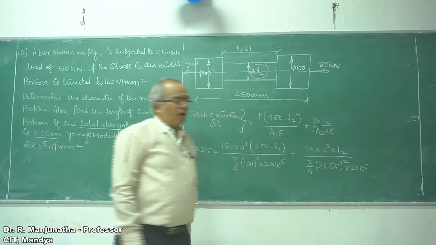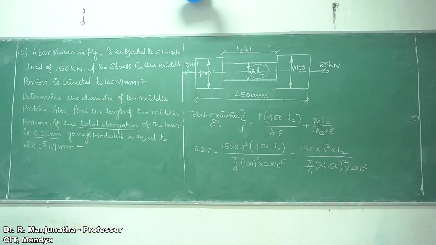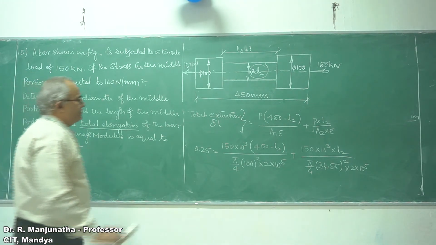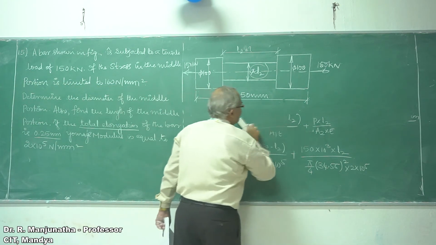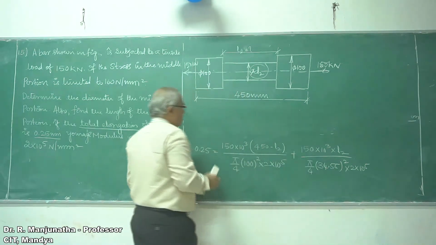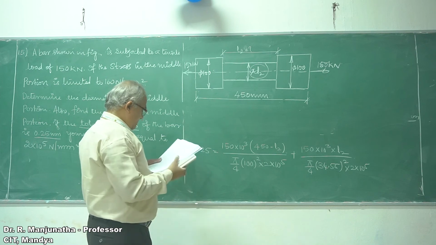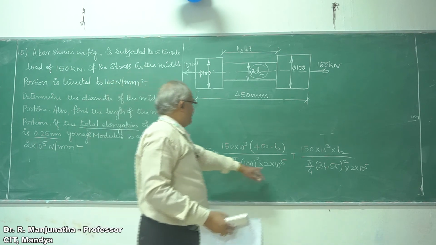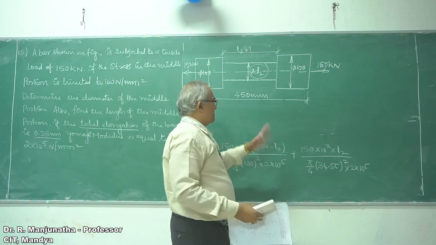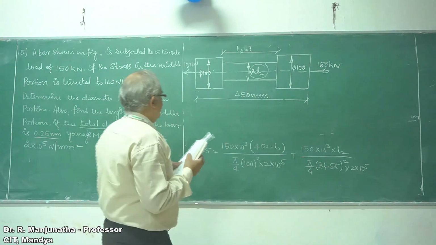Now, which are the common factors here? The common factors are 150 into 10 to the power of 3, and then 2 into 10 to the power of 5 into pi by 4. The rest of the things will be inside.